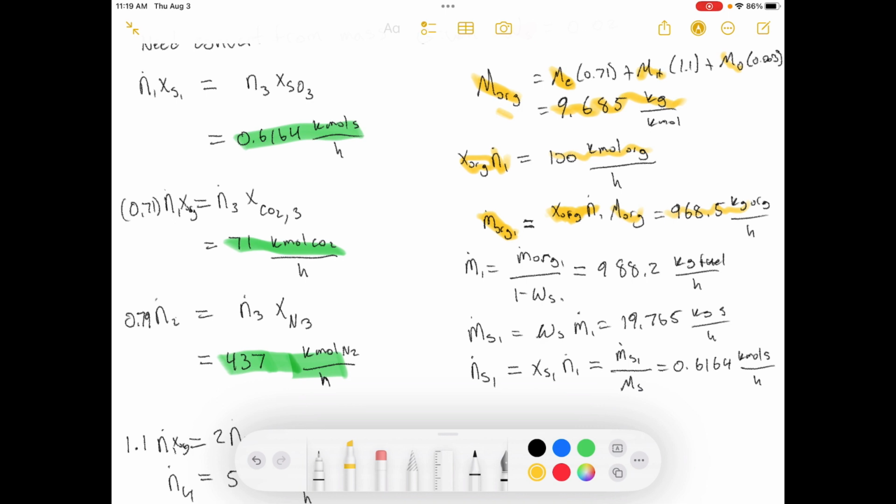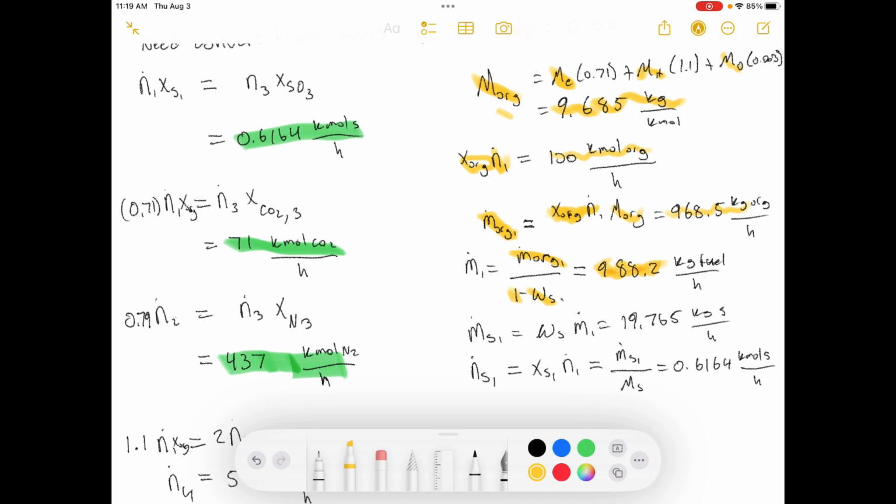And if there's only organic and sulfur going in, then 1 minus the weight percent of sulfur equals the weight percent of organic. So if you divide the mass flow rate of organic going in by its mass fraction, then you get the total amount of mass flowing in.